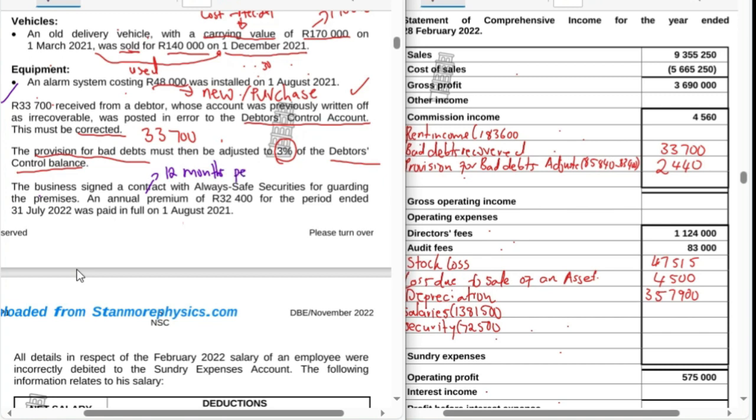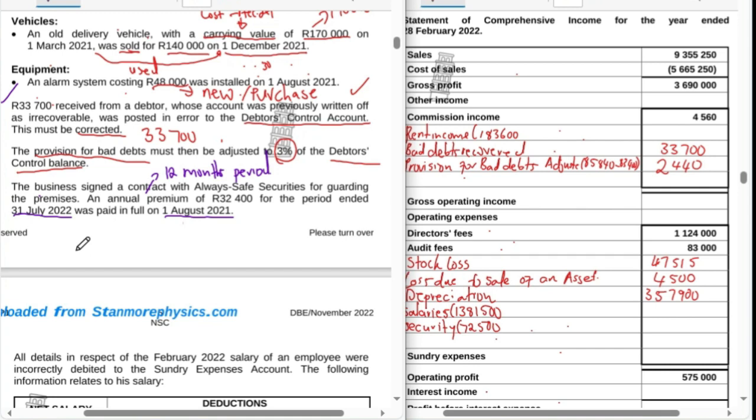It's a 12 months period, meaning that an annual amount of 32,400 for the period ended 31 July 2022 was paid in full, starting 1st August 2021 up to 31 July 2022.